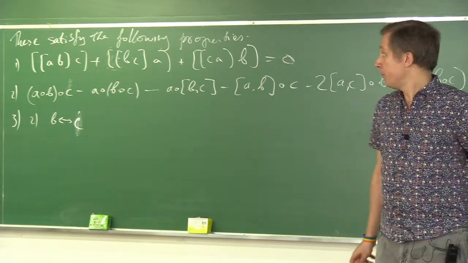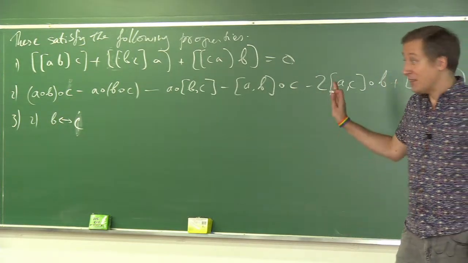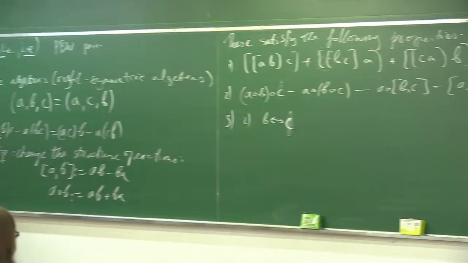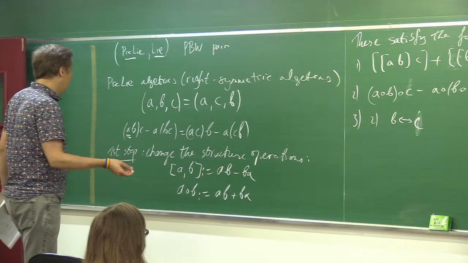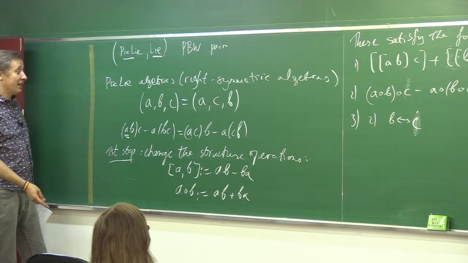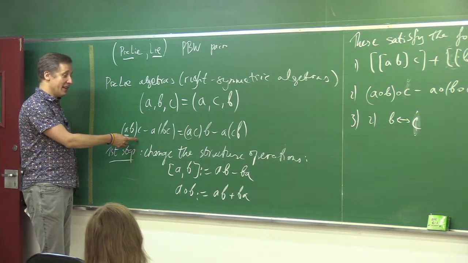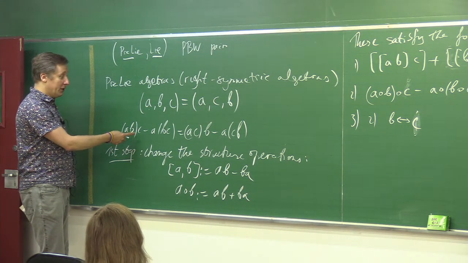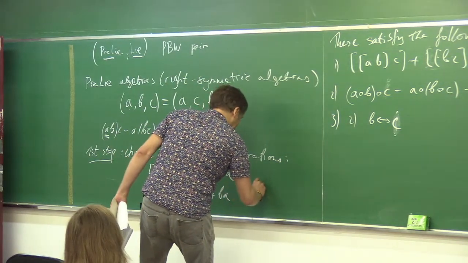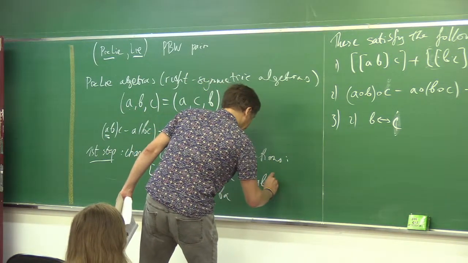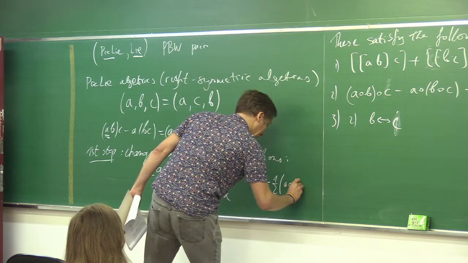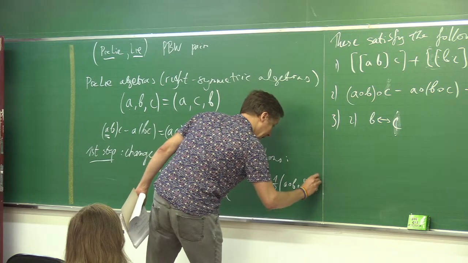So essentially, to obtain an identity like that, you take the right symmetric identity and substitute, as I already told you, the pre-Lie product is 1/2 of A circle B plus the bracket AB.